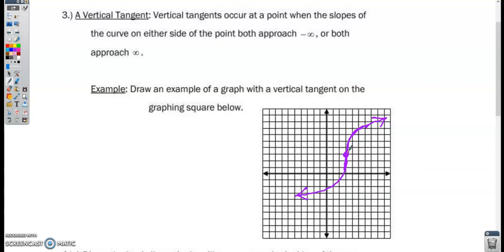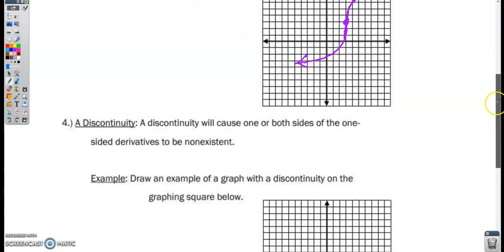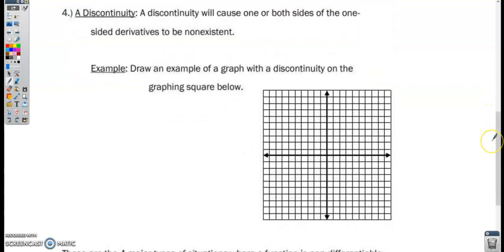All right, and the fourth situation where we might be non-differentiable is a discontinuity. Now it doesn't matter whether the one-sided derivatives are the same. If we have a discontinuity, it's still going to be non-differentiable.